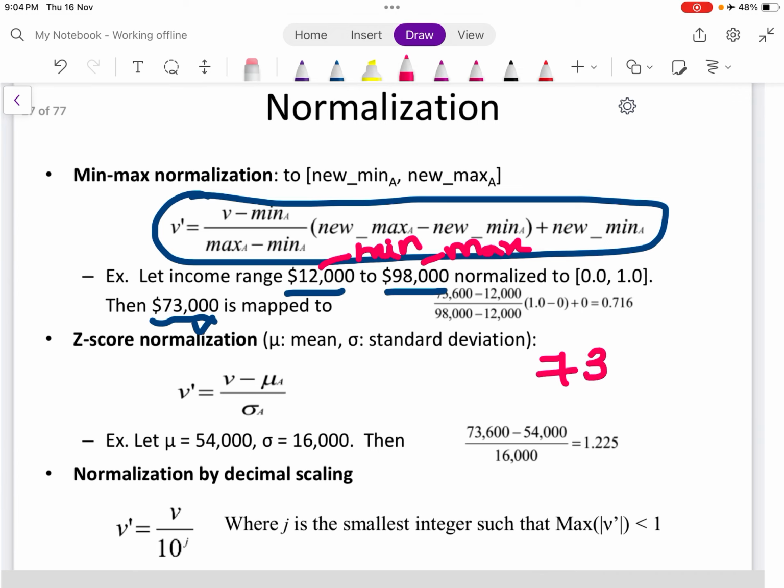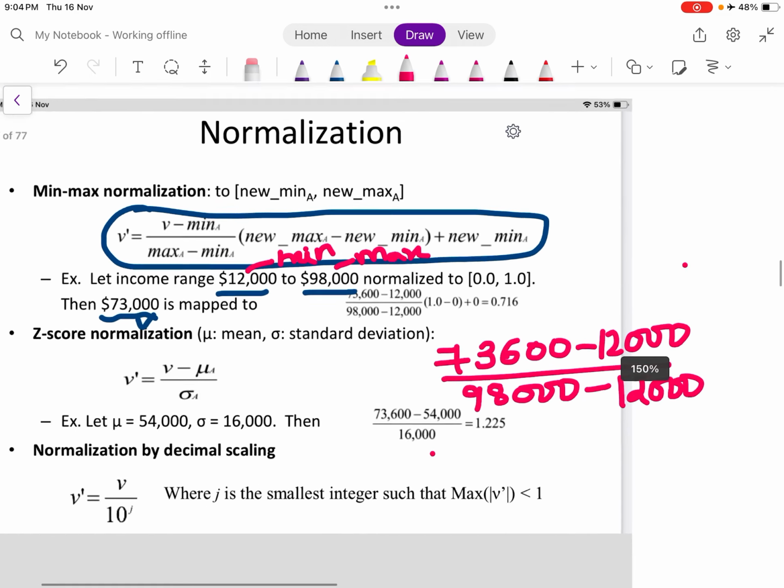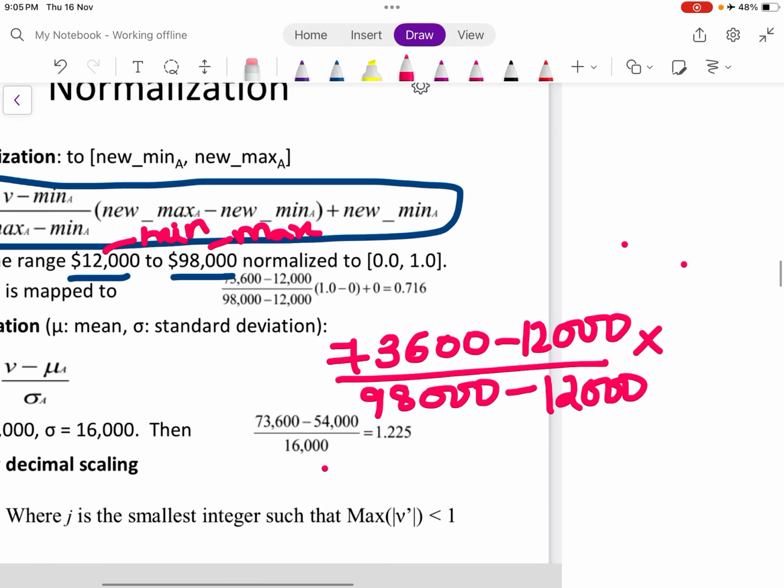So what do I write? 73600 minus the min value 12000, divided by max, that is 98000 minus min 12000, into new max minus new min, that is 1 minus 0, that is the range, 1 minus 0, plus new min.